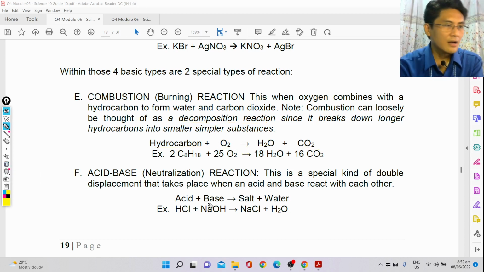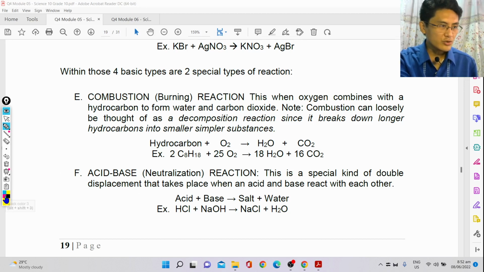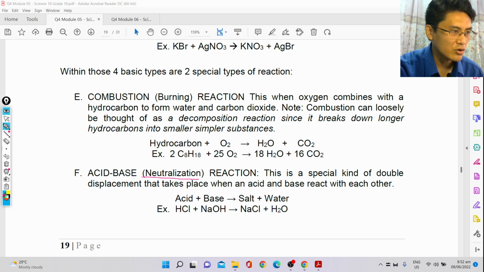And then another special case is acid-base reaction, or we call it a neutralization reaction, right? This is a special kind of double displacement. So again, it's double displacement, just to let you realize that it's really double displacement.